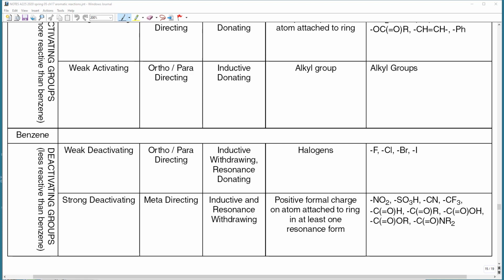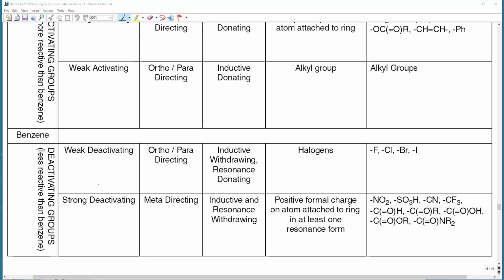But they have lone pairs, so they can do resonance, although the resonance becomes pretty weak with the much larger halogens. So in general, they make the ring slightly less reactive, but they do favor ortho and para because of the resonance stabilization of the ortho and para intermediates. So they're weak deactivators, but ortho-para directors.